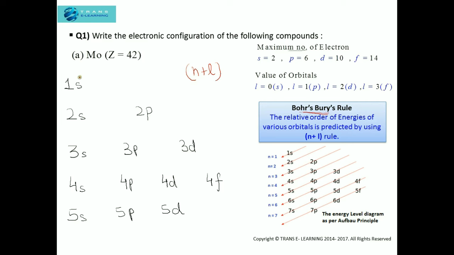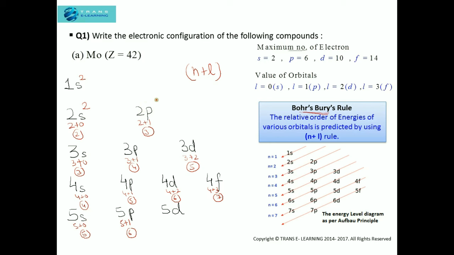So here in this case I will fill up 2 electrons, and then I will write the n plus L of all the orbitals, and after that I will compare n plus L. In case of 2s and 2p, the n plus L of 2s is less, so I will fill this first. And in case of 2p and 3s, both of them have the same n plus L, so I will give preference to the one which has lower principal quantum number.